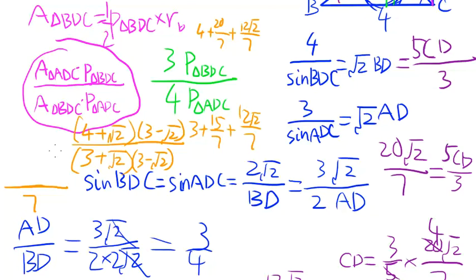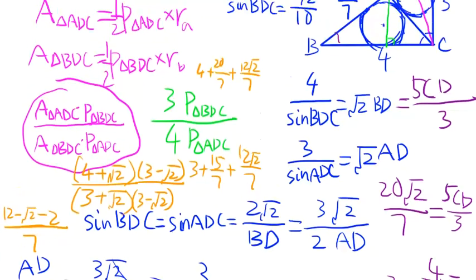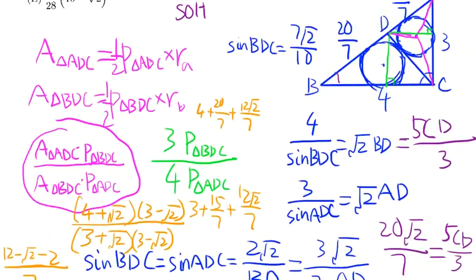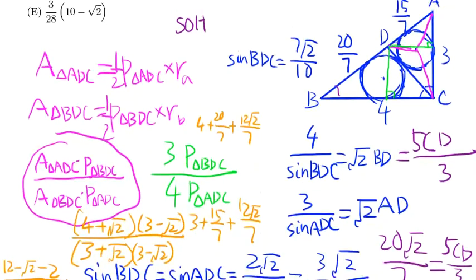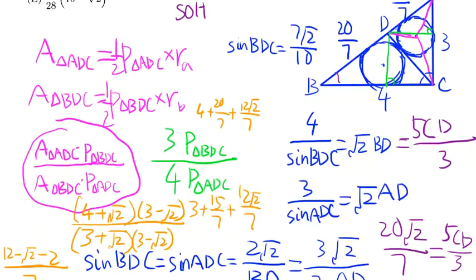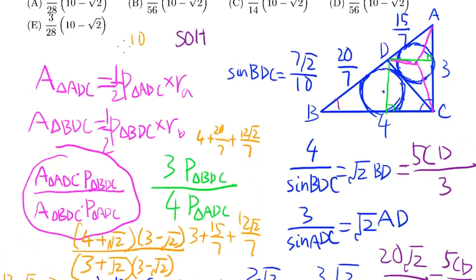The numerator becomes 4, 3, 12. 12 plus 3 minus 2, 10 minus root 2, 2. 10 minus root 2 divided by 7.